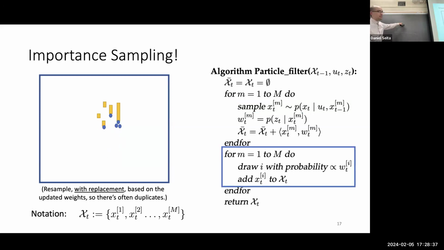Let's say that the size of the circle is the weight. Then you have five different things, and what happens here is that the weight of W5 is much higher.